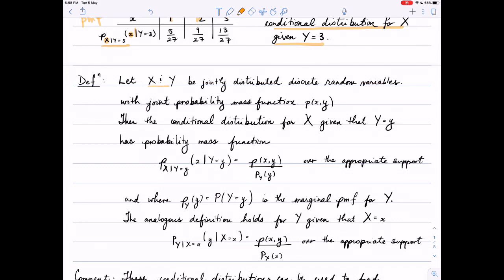So let x and y be jointly distributed discrete random variables with joint PMF P of x,y. Then the conditional distribution for x, given that y is equal to little y, has probability mass function P of x given y equals little y, evaluated at little x.